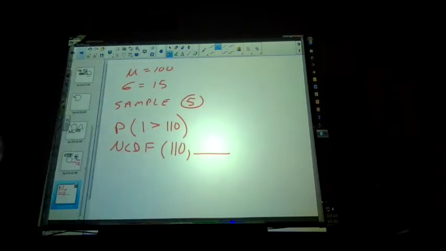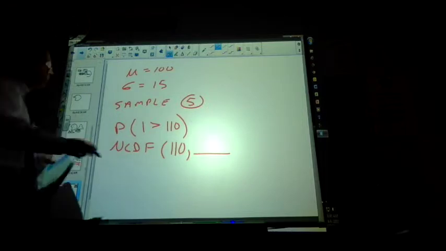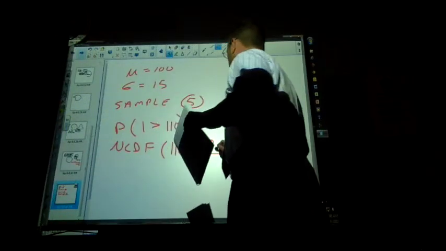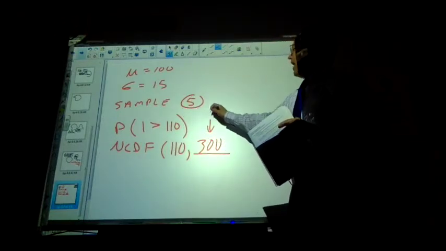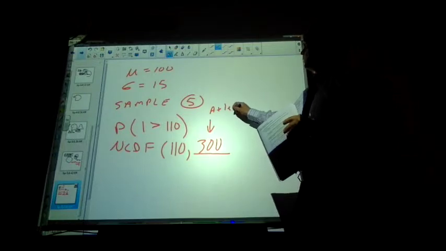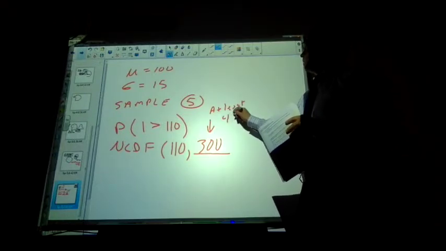What would be a good upper limit if we're using 110, and the standard deviation is 15? What's far further to the right, way more than a few standard deviations away? 250, 300? I like it. 1,000, 10,000. Okay? You just want to make sure that this is at least 4 standard deviations.